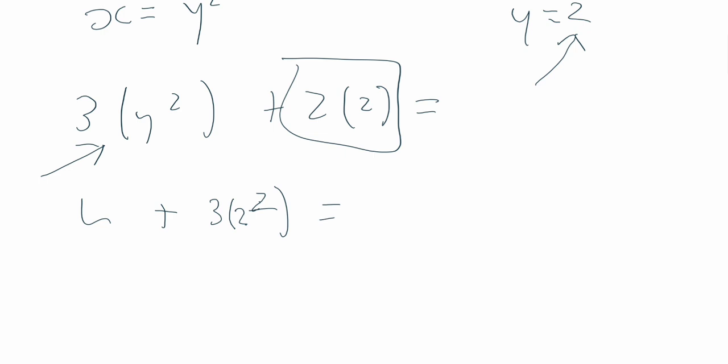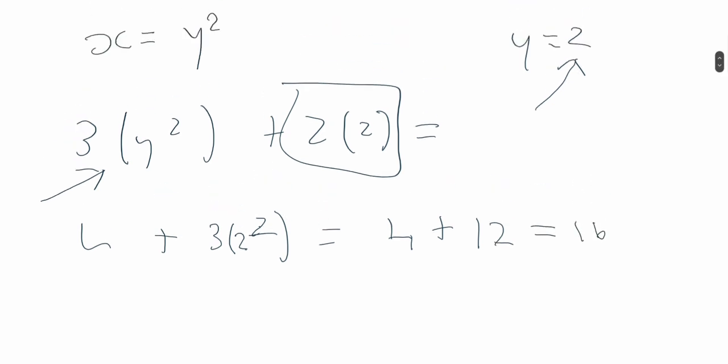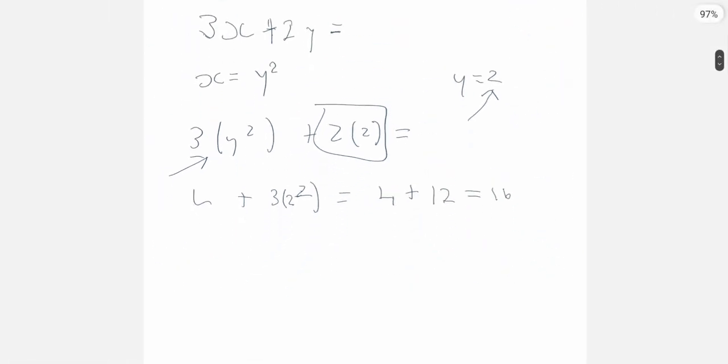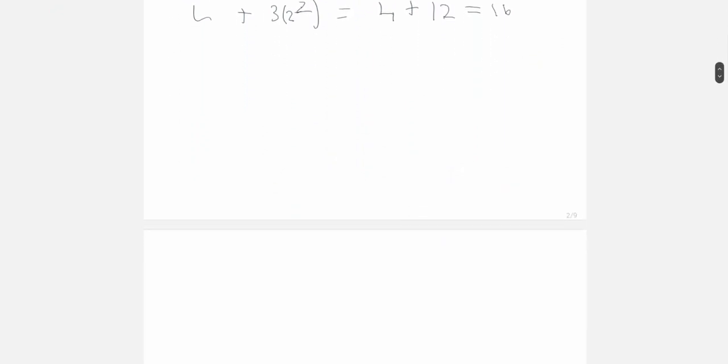So this is going to equal 4 plus 2 to the power of 2 equals 4. So 3 times 4 is 12, plus 4 equals 16. Great.